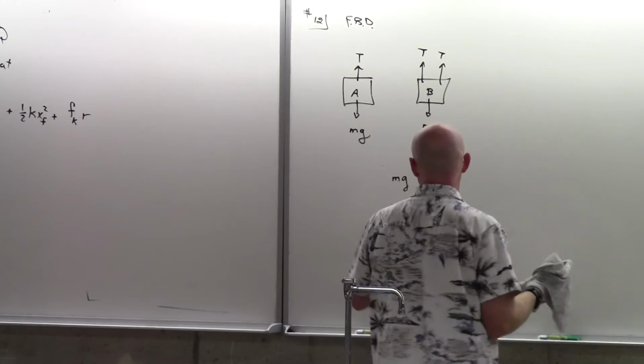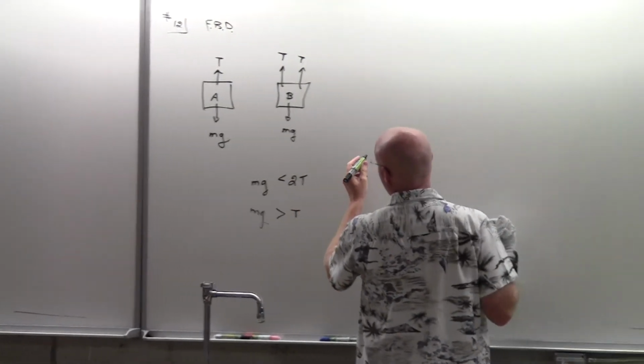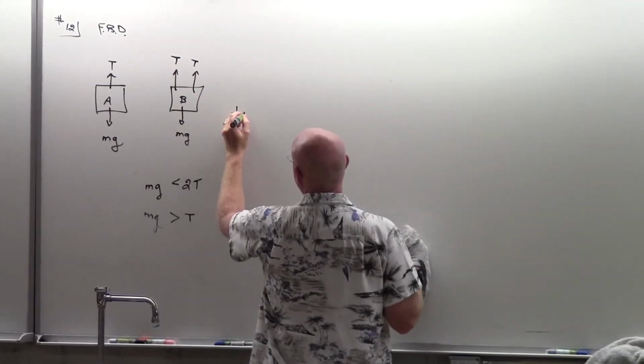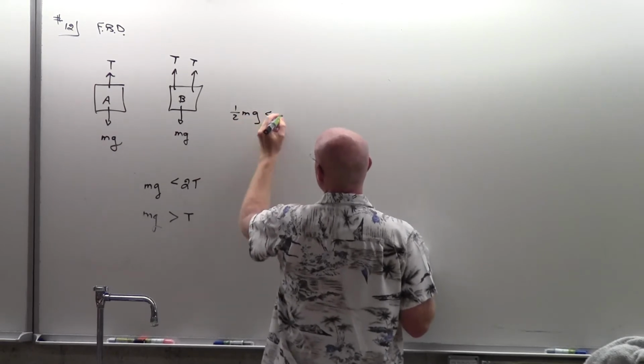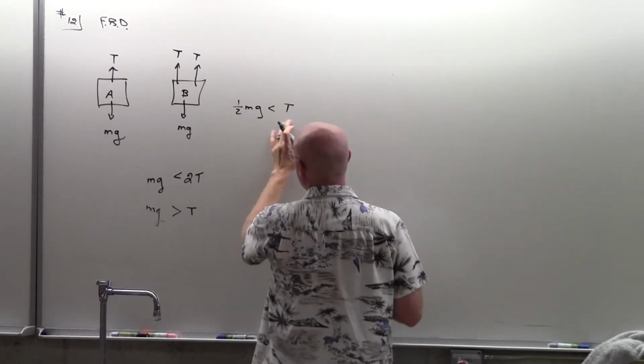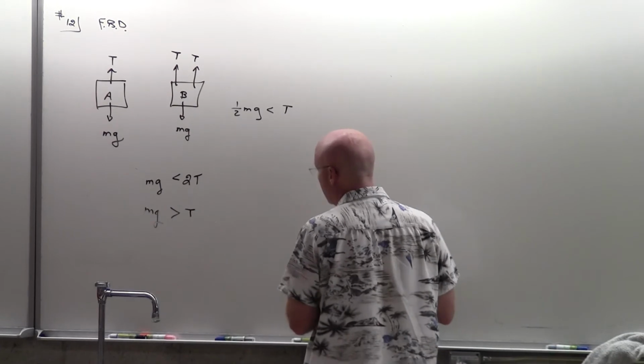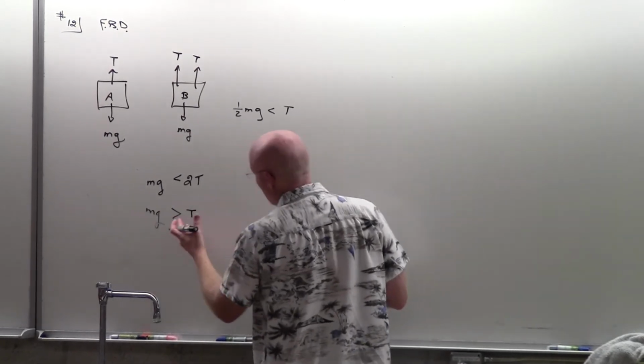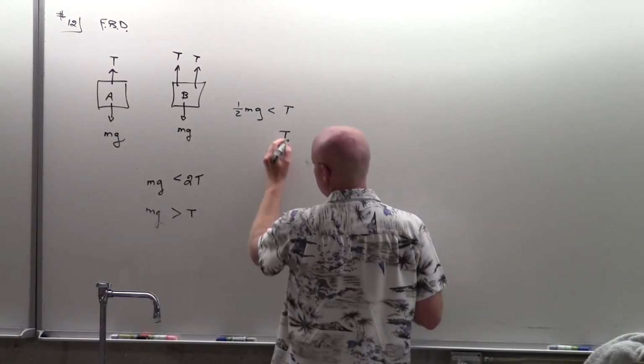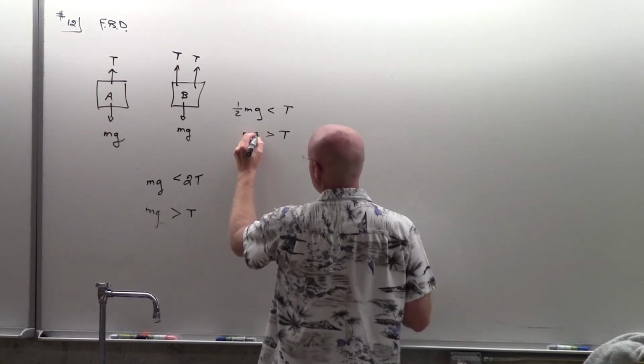And I don't know, again, if it is really relevant here, but if I take 1/2 of mg, I can see that this one is saying the tension is greater than half the weight. But this one has already told me that the tension is less than mg.